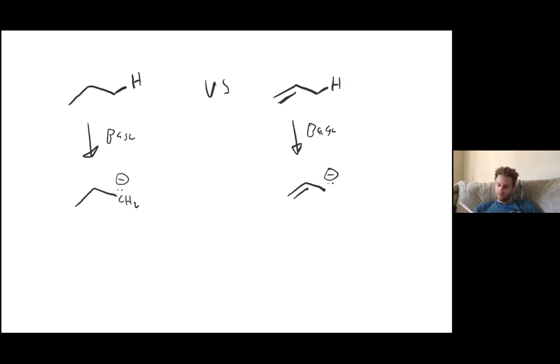It's just now that this charge exists in two places. It can exist here, but it can also do resonance to exist here. So between these two, this is your more stable base.